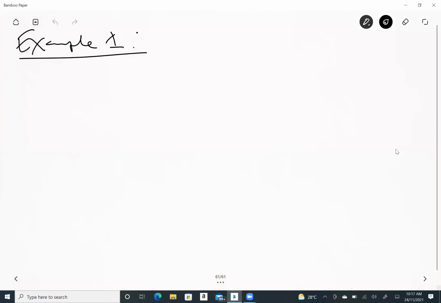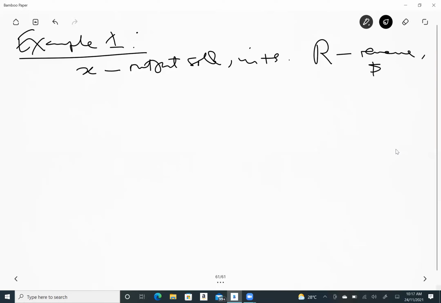Number 1, you have to be clear on units. So you see here, X is the output sold in units. Before you do anything, make sure that we are clear on units and the variables. R is revenue in dollars.